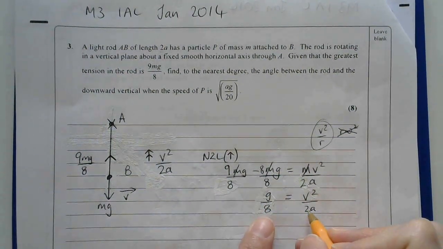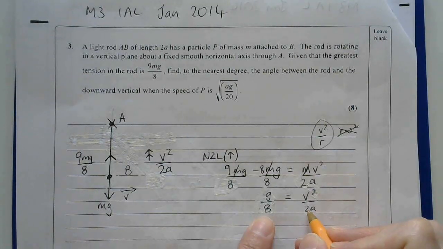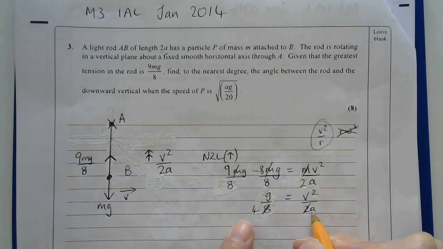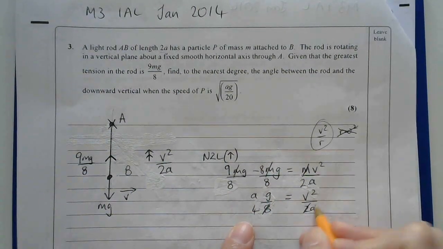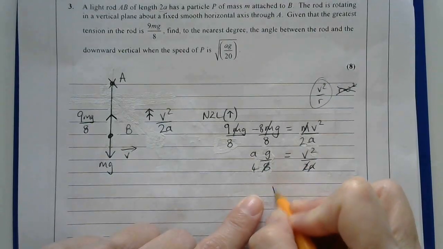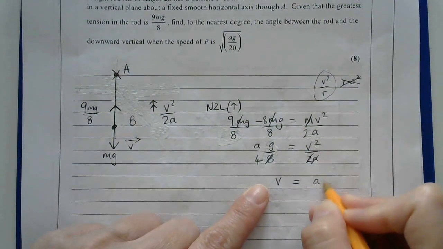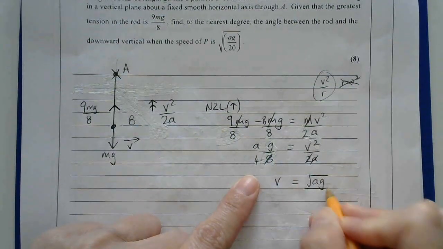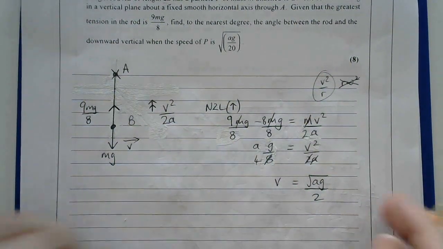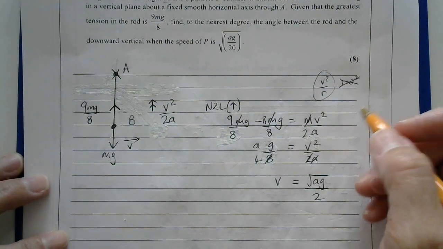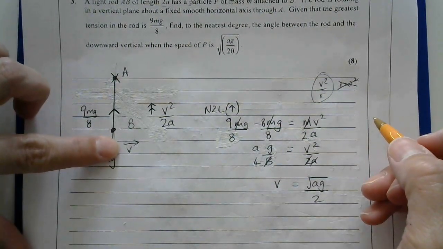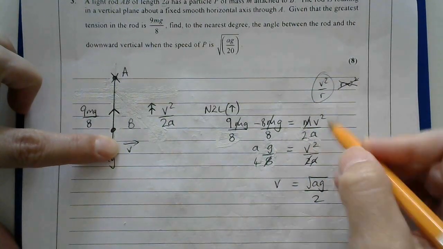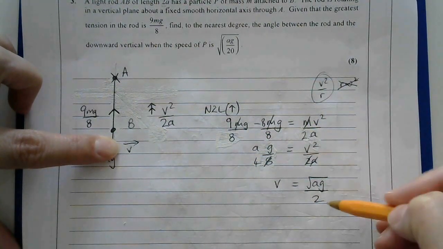And so I could multiply both sides by 2 and multiply both sides by a, and so I end up with v equals root ag over 2, if I square root the top and bottom. So that gives me the velocity at this lowest point, and I'm interested in that because it's the only thing that I can actually work out here.